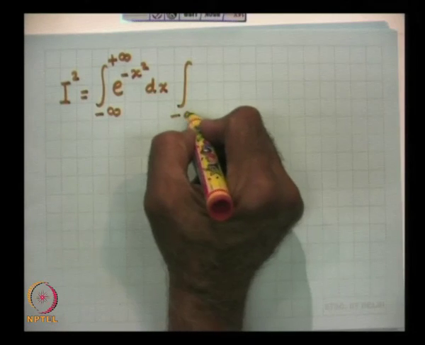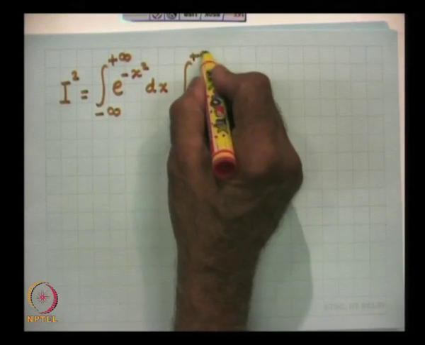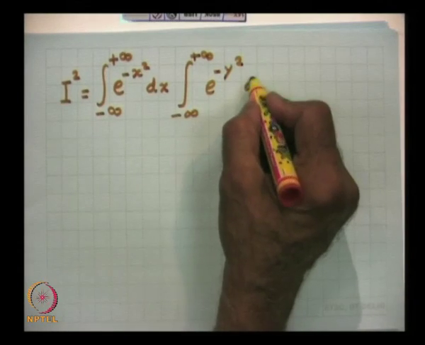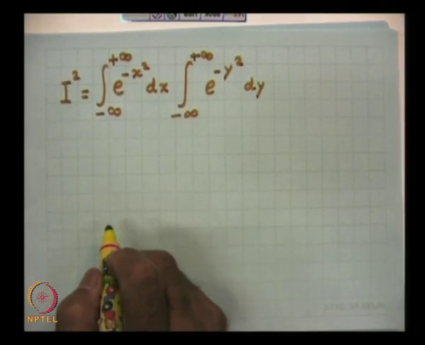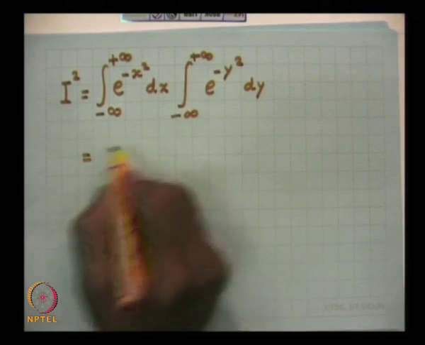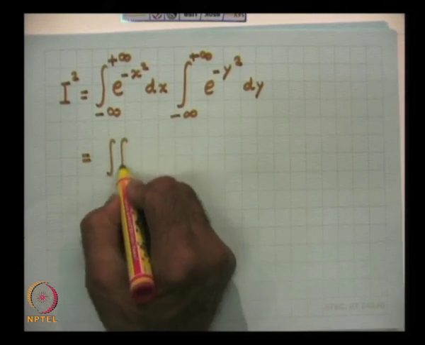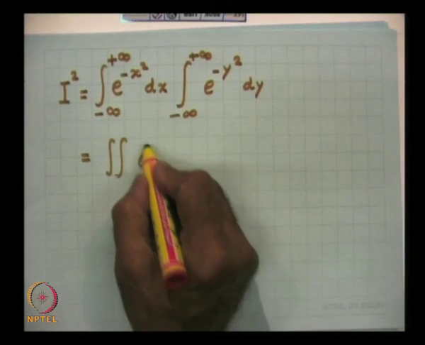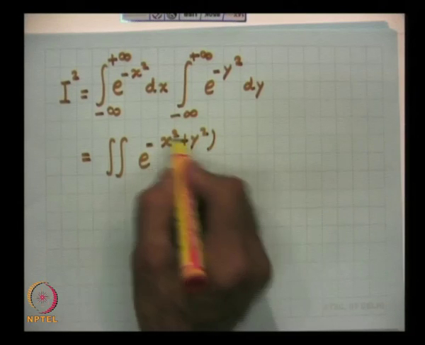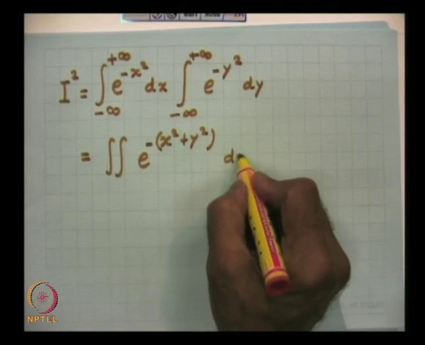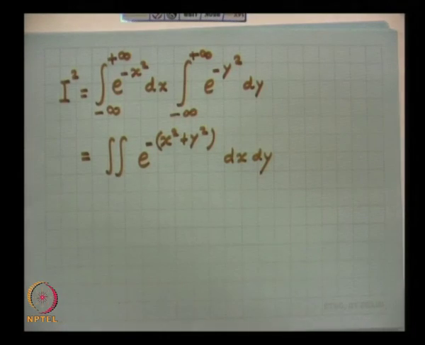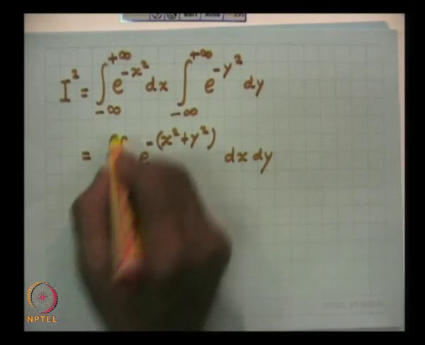So again the same integral, since it is a definite integral, I will write this as e to the power of minus y square dy. So this is over the entire xy plane. So this will be the integral from minus infinity to plus infinity of e to the power of minus (x square plus y square) dx dy over the entire xy plane.